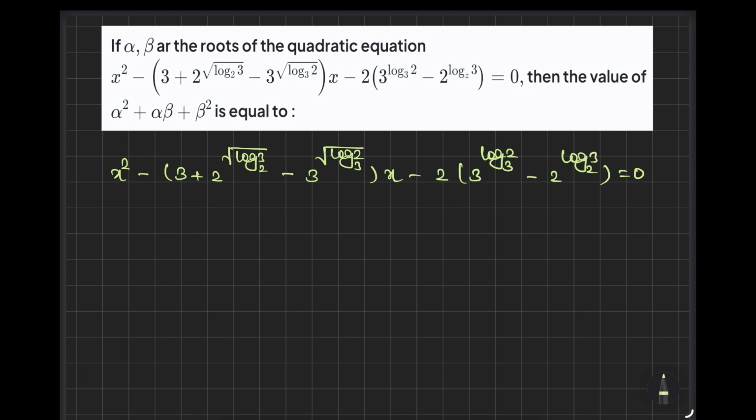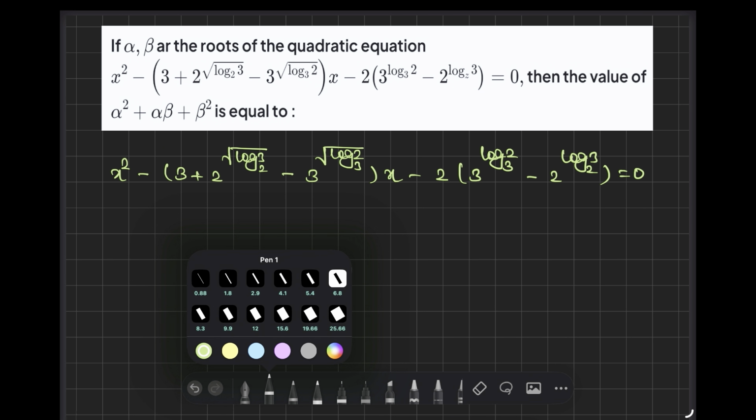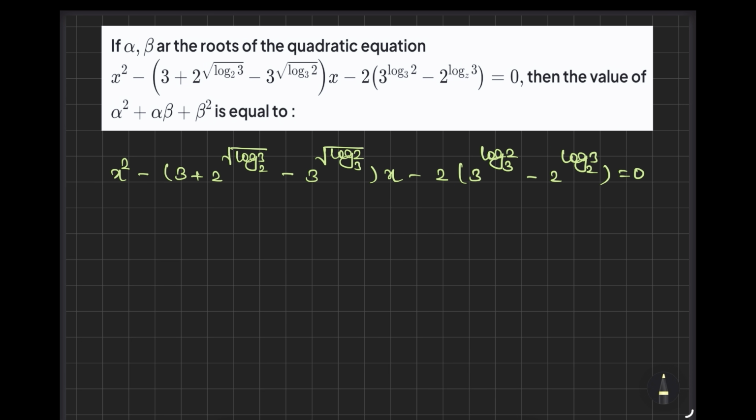So in this part, if you observe, you can simplify this part easily, because we have one property: if you have a to the power log b base c, we can interchange these two things. So we will simplify this part. This 3 and 2 will get interchanged.